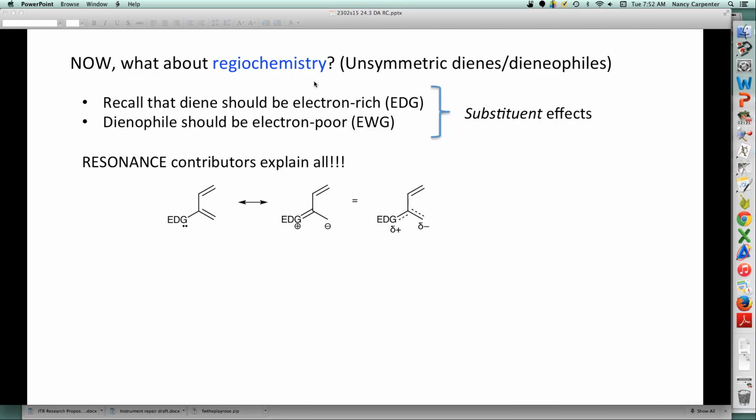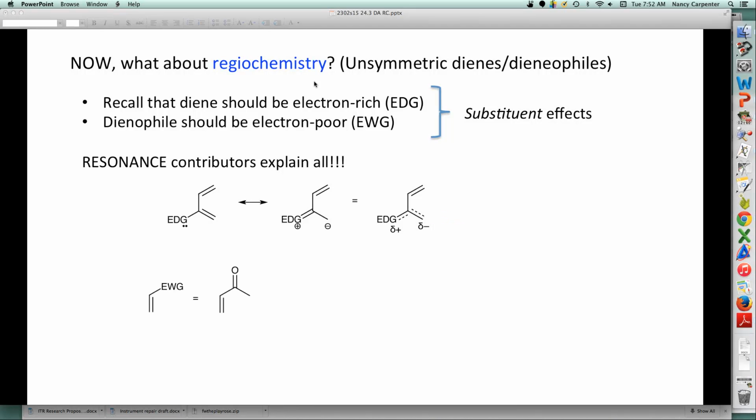So the hybrid would look like this, where the electron density is going to be unequally distributed in the diene, and in fact it's really this carbon that is the most electron rich.